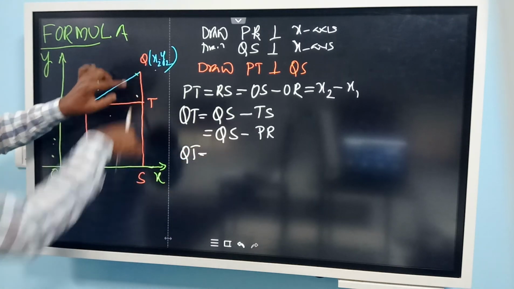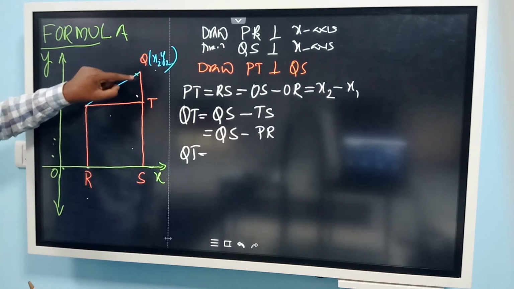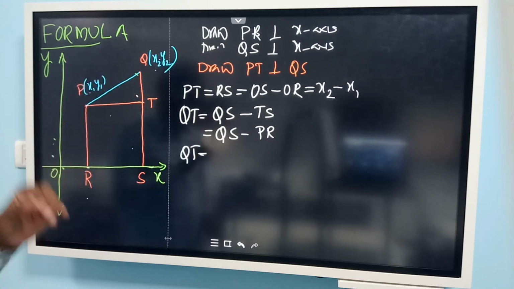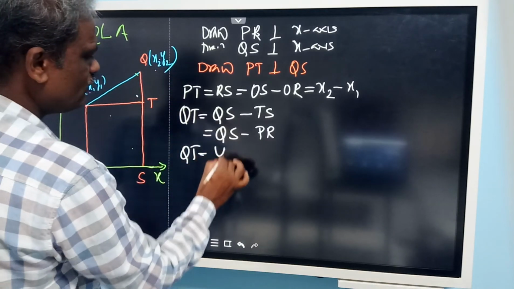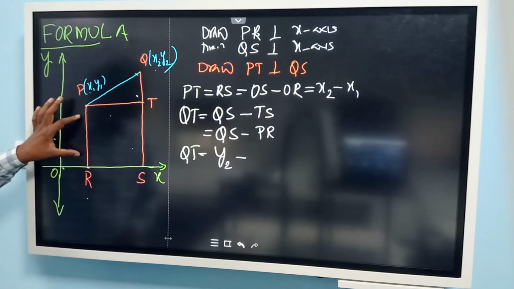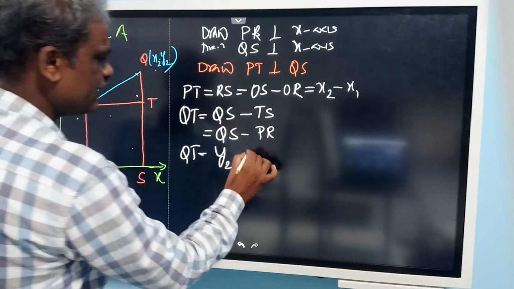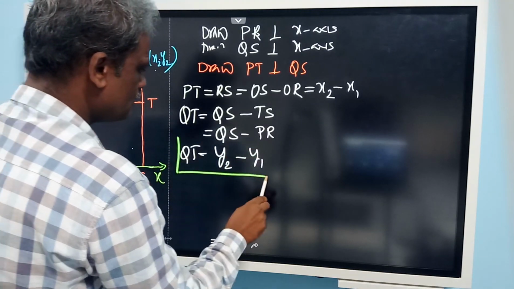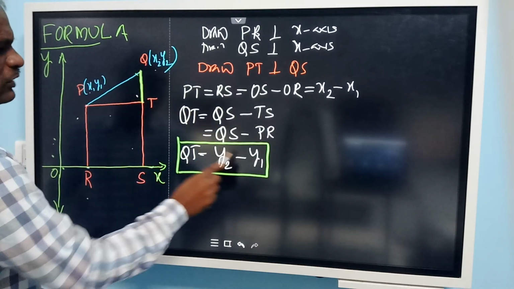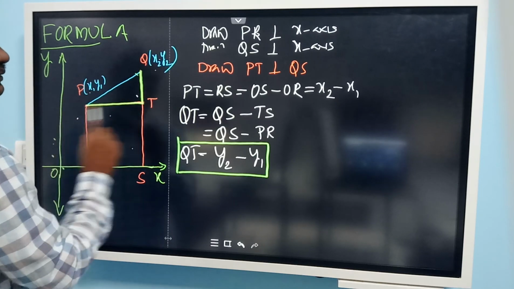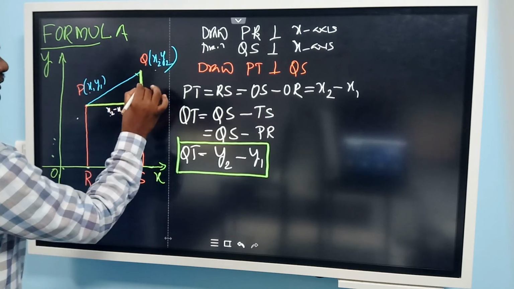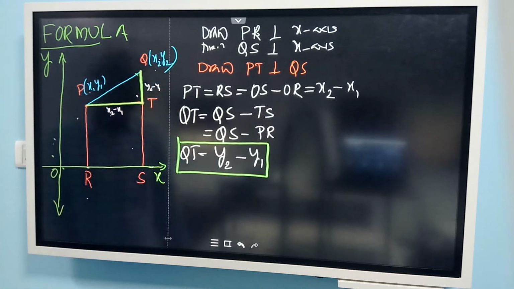What is QS, the distance from S to Q? It is y2. And what is this distance PR? It is y1. So you got QT: y2 minus y1. And PT is x2 minus x1.